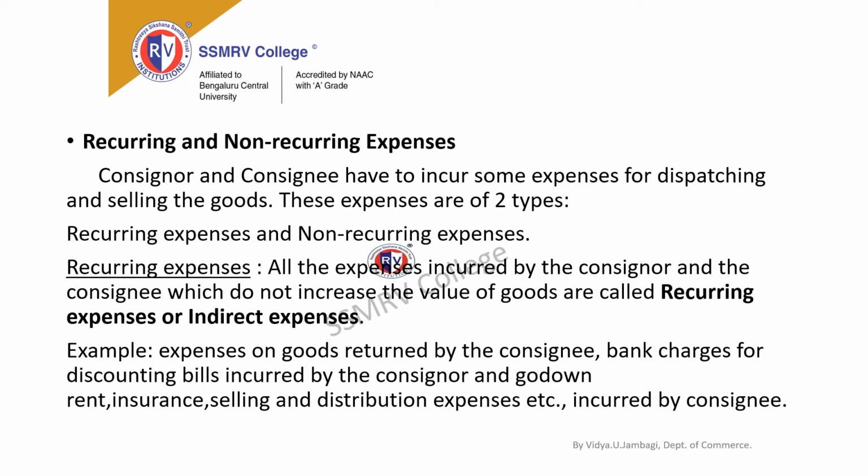As the name suggests, recurring expenses are those expenses which keep recurring, which are recurring in nature, and which do not increase the value of the goods. They are also referred to as indirect expenses. I've listed a few examples: expenses on goods returned by consignee, bank charges for discounting bills incurred by the consignor, and godown rent, insurance, selling and distribution expenses, etc. incurred by consignee.